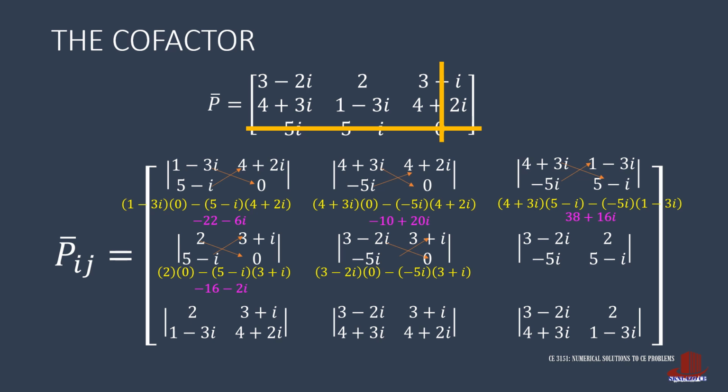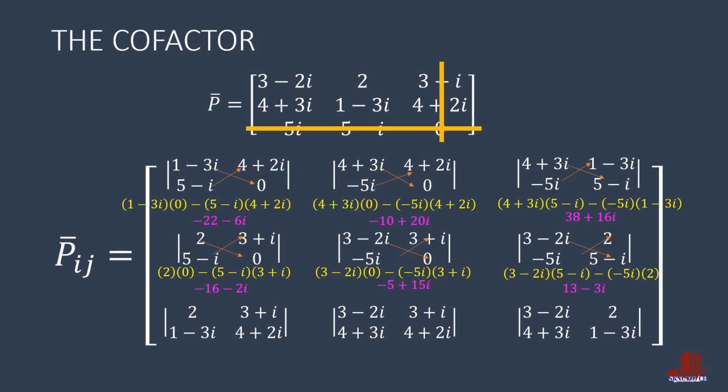The first term is zeroed out, and through distribution, the determinant is taken as negative 5 plus 15i. The third element contains 3 minus 2i times 5 minus i, less the other quantity of negative 5i times 2. This is simplified as 13 minus 3i.